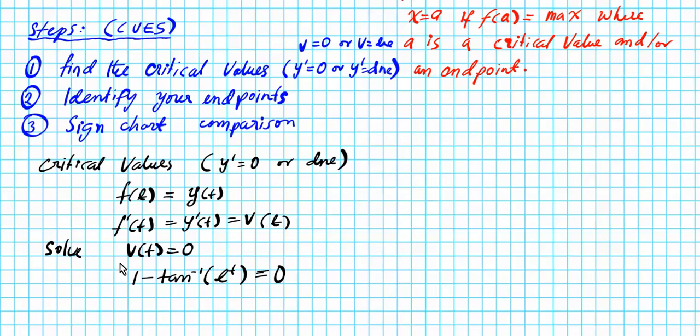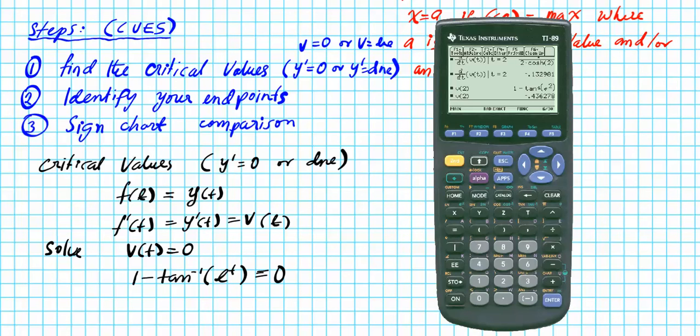Since this is a calculator section, we can use our calculators to solve this equation, no problem. To do it, we're going to go to Algebra, F2, and we're going to solve where v of t is equal to 0. We already have v of t stored in our calculator, so we don't have to type in this long expression again.